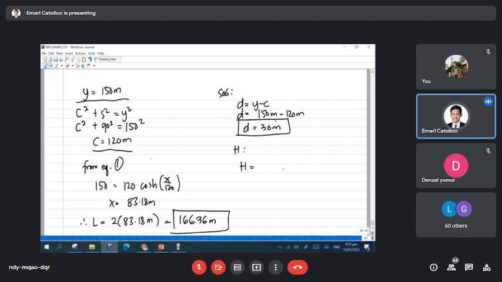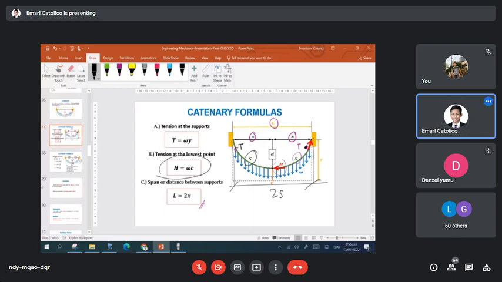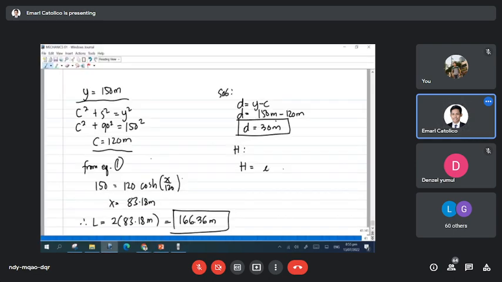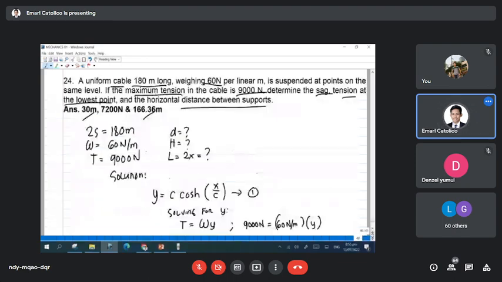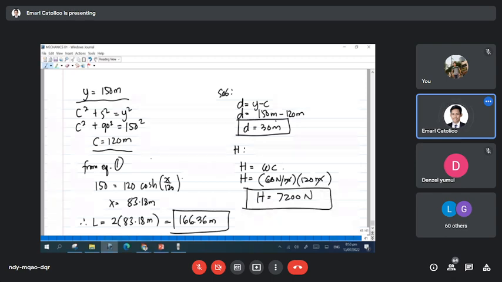So H natin, formula is omega times c. Omega natin, 60 Newton per meter, c natin ay 120. So unit natin dito is Newton. 6 times 12, 72. Okay, 7,200.